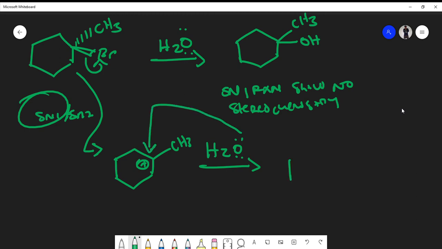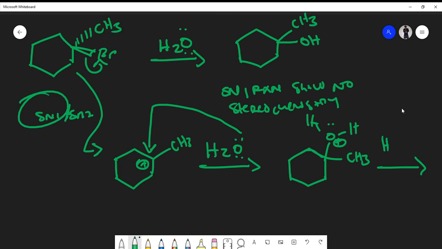Essentially, in this case, we have an oxygen that has two hydrogens. It still has a lone pair, so it has a positive charge, and we still have our methyl group.